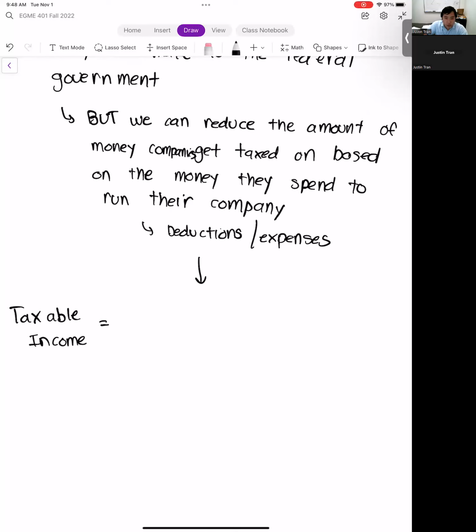The way we compute that is we take your gross income, being just the raw amount of money that you made from sales, and you're going to subtract your ordinary or necessary expenditures, and so these are things like labor, material, equipment costs.